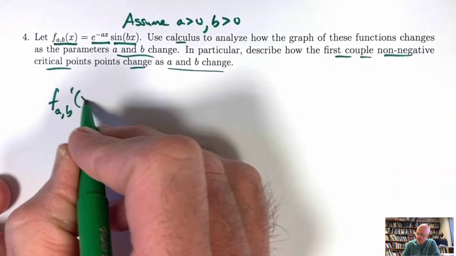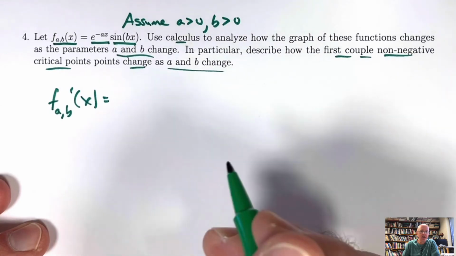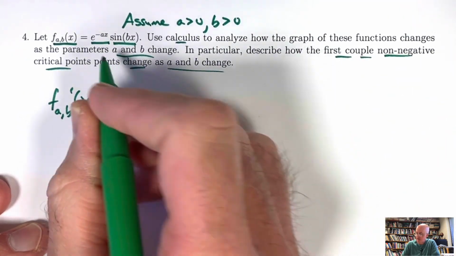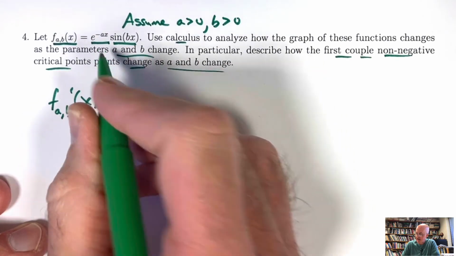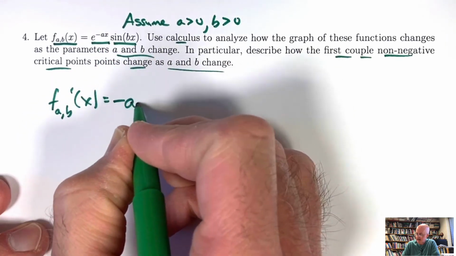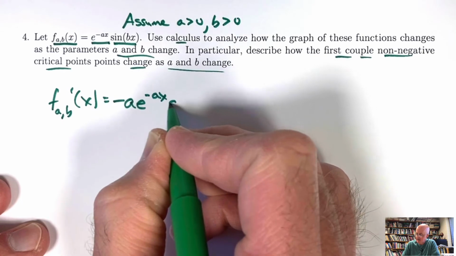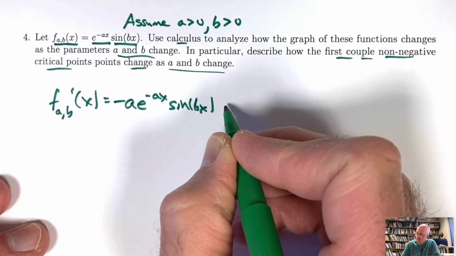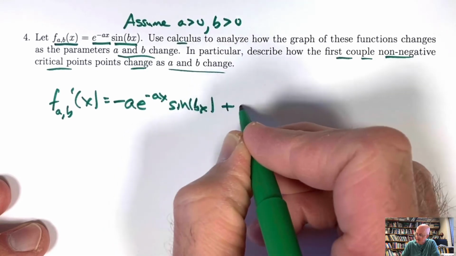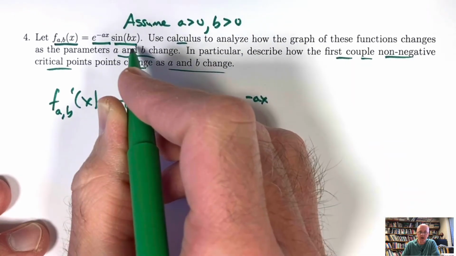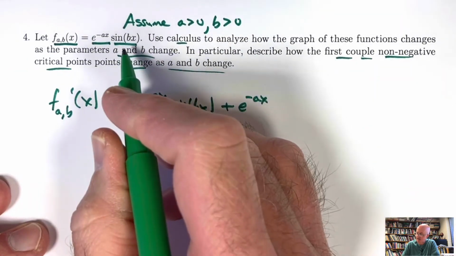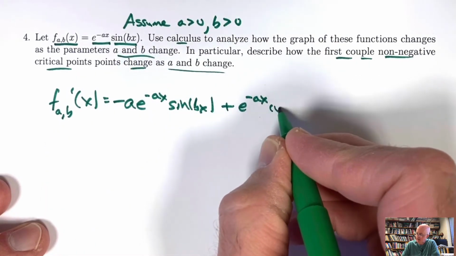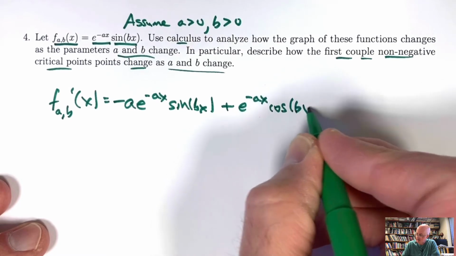So we take the derivative, and we need the product rule plus the chain rule. The derivative of the first function, e to the negative ax, is negative a e to the negative ax times the second function, sine of bx, plus the first function, e to the negative ax, times the derivative of the second function. The derivative of sine of bx, where b is a constant, would be b times cosine of bx. I'll write that as cosine of bx times b.